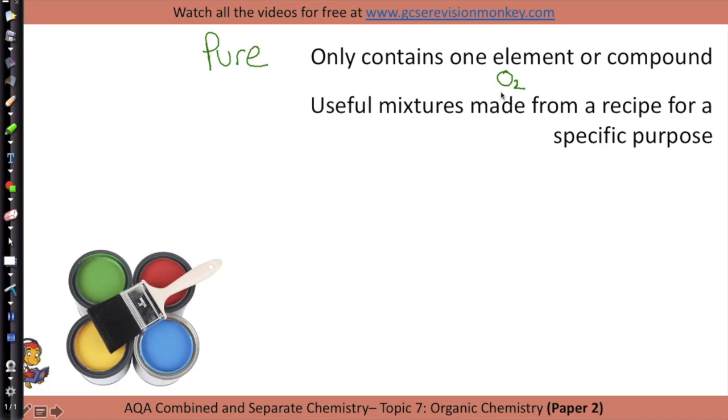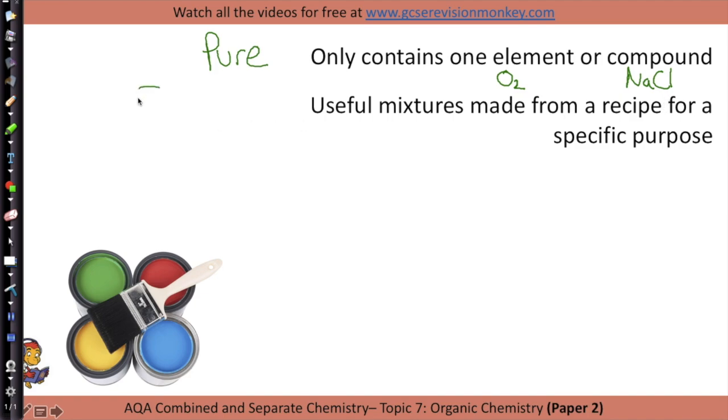That would be determined as pure. If you had anything else in there, like any water or any carbon dioxide, you can no longer call that pure. You can have a pure sample of a compound, for example, sodium chloride. As long as that sample only contained sodium chloride, you can call it pure.